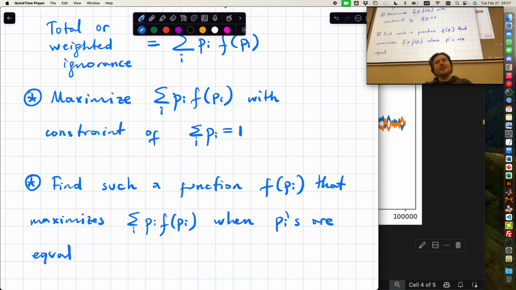Do you see our aim? Because we have looked at nature. And by nature, I mean we have looked at the computational universe, right? We just played a flipping game, and we saw that our ignorance maximizes, or the system goes towards somewhere where probabilities are equal. Okay?